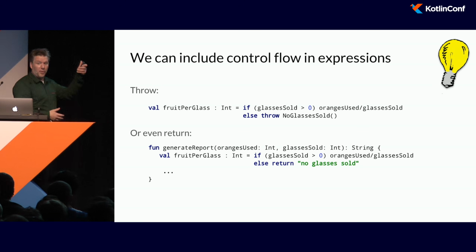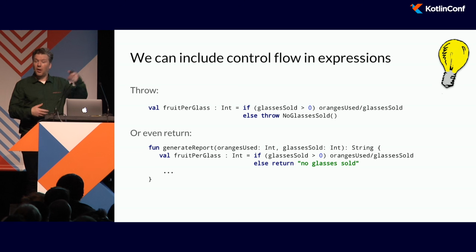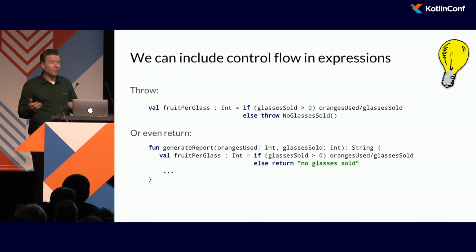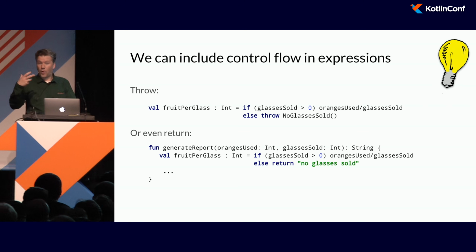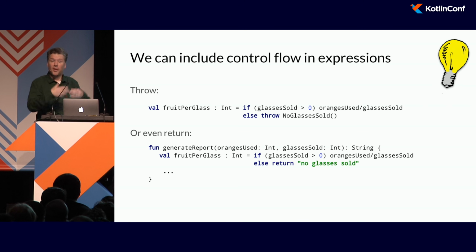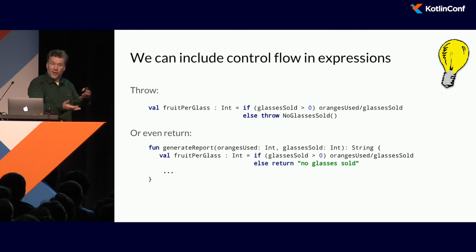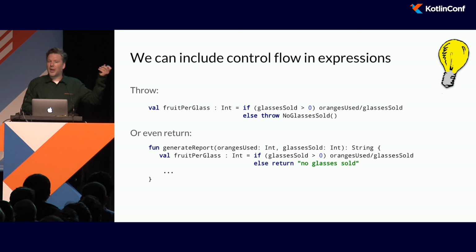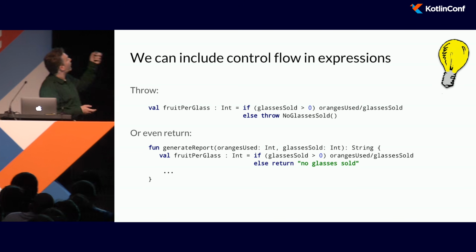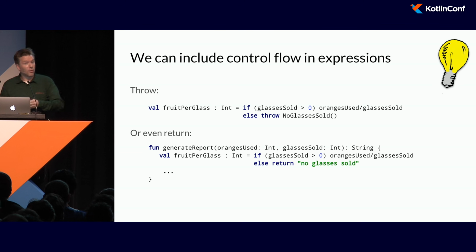In the first example up here, I'm calculating an expression of type Int, and one of the branches is throwing, and therefore has type Nothing, but it's okay to include that in an expression of type Int. So that will perform a calculation if the number of glasses sold is greater than 0, or throw.